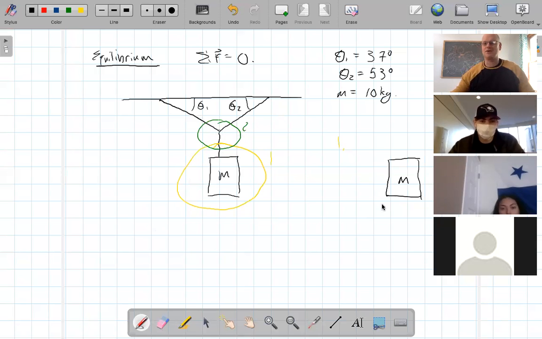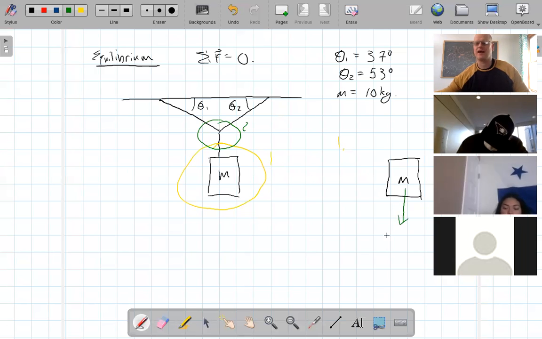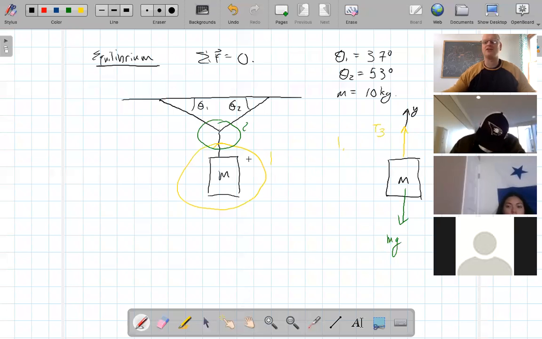So let's do that. Let's look at the mass, at the sign. Here we know we have a weight, so we have mg pointing straight downward. We have a tension force pulling upward, which I'm going to call T3 in this case. We know this is a static equilibrium, so nothing is happening, and the sum of the forces on this is equal to 0. I'm going to arbitrarily choose my positive y direction to be upward.